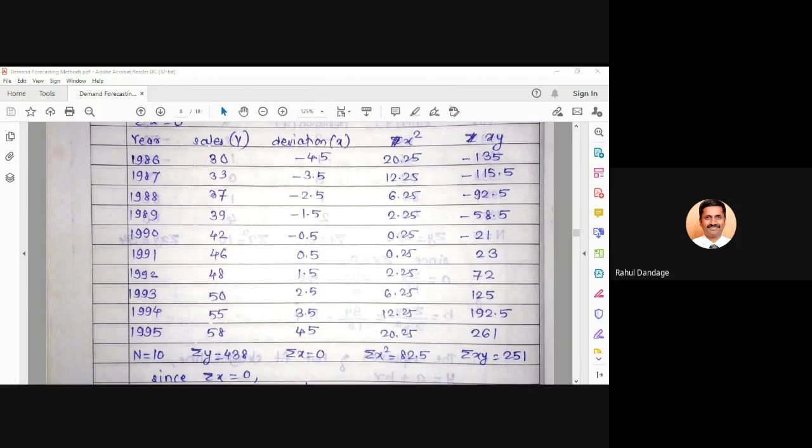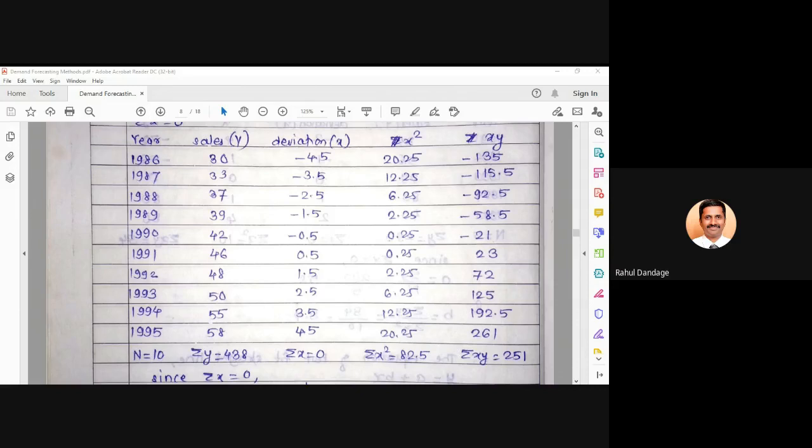The values are 30, 33, 37, 39, 42, 46, 48, 50, 55, 58. If we add them all together, the summation of y is equal to 438. So you can cross check the value: the summation of y, the sales for the 10 years given, is 438.